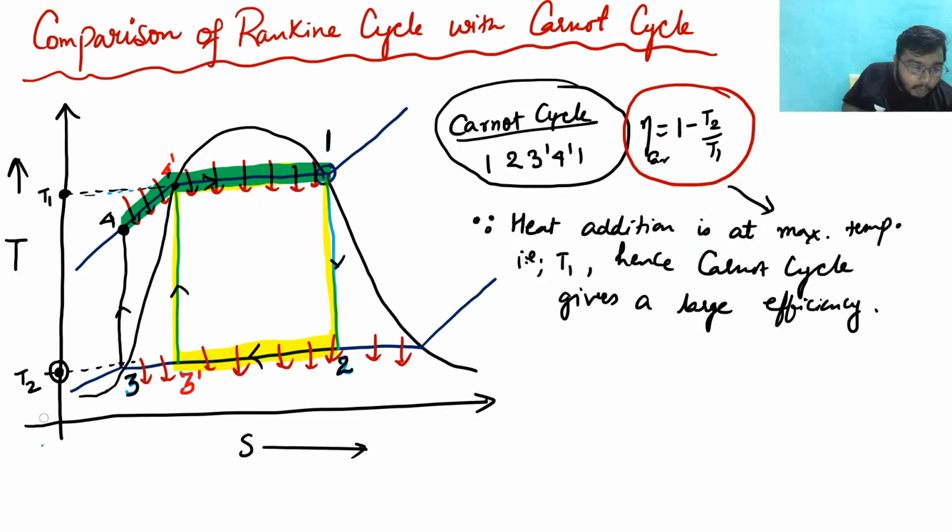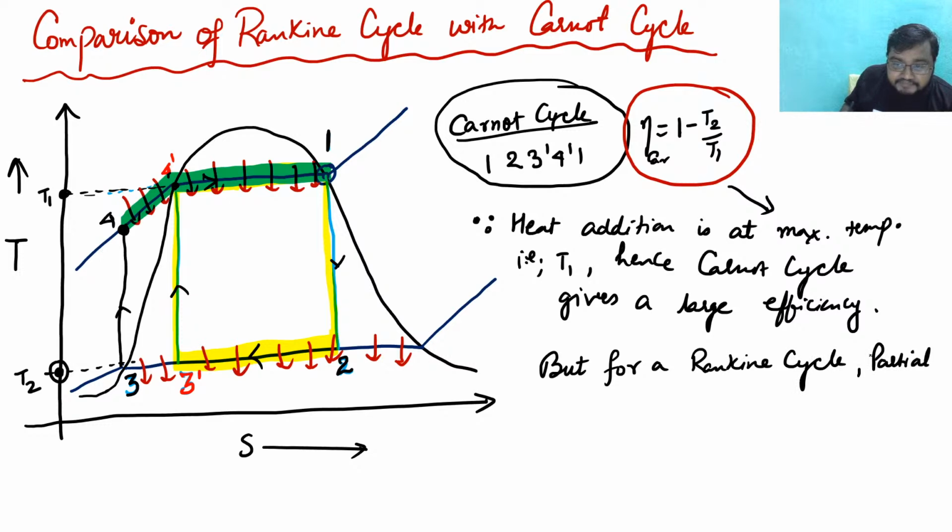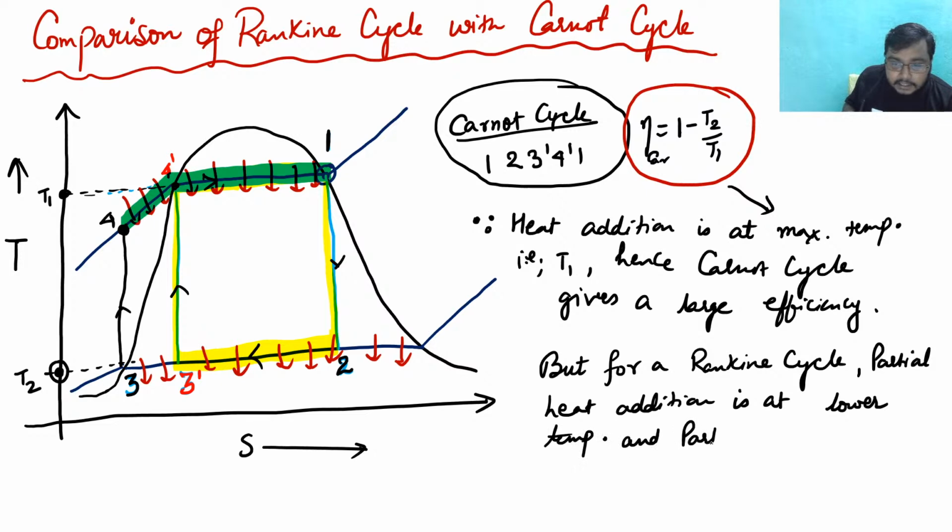So what is the conclusion we have got? For a Rankine cycle, partial heat addition is at a lower temperature, and partial is at a higher temperature.